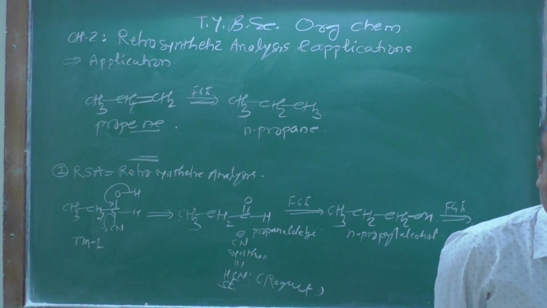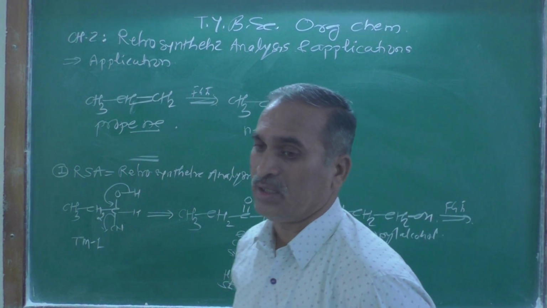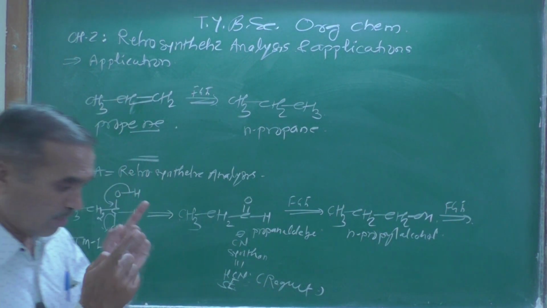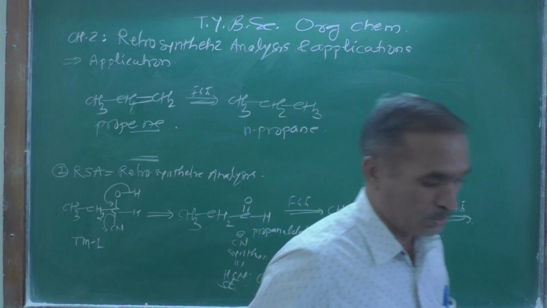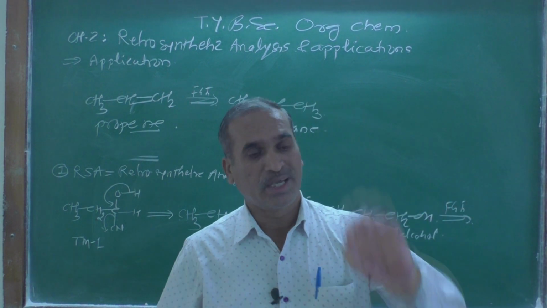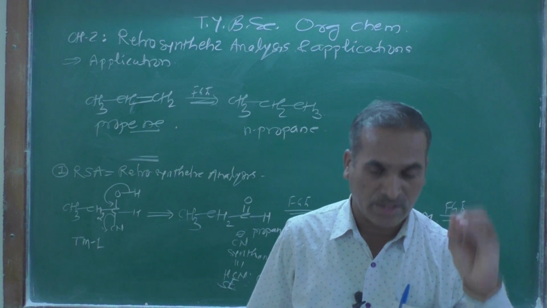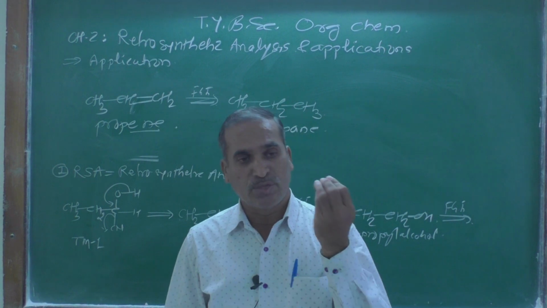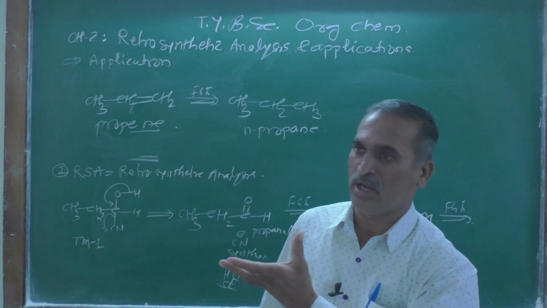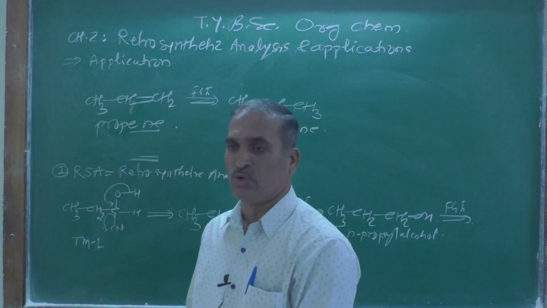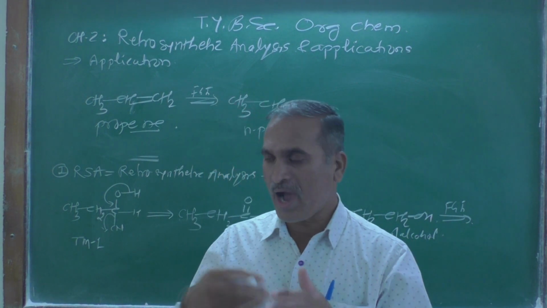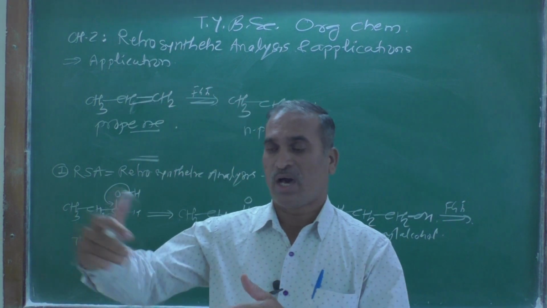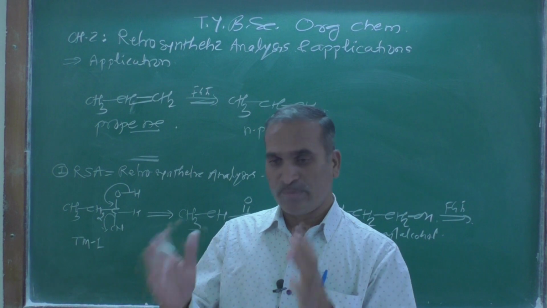N-propane is a natural gas which is available in nature, meaning readily available. In the ultimate aim, whatever starting material we find, that should be easily available or feasible, and the cost of it should be very low, and we can use it ordinarily so that it will give a high yield, more than 90%, which is generally known as atom economy.